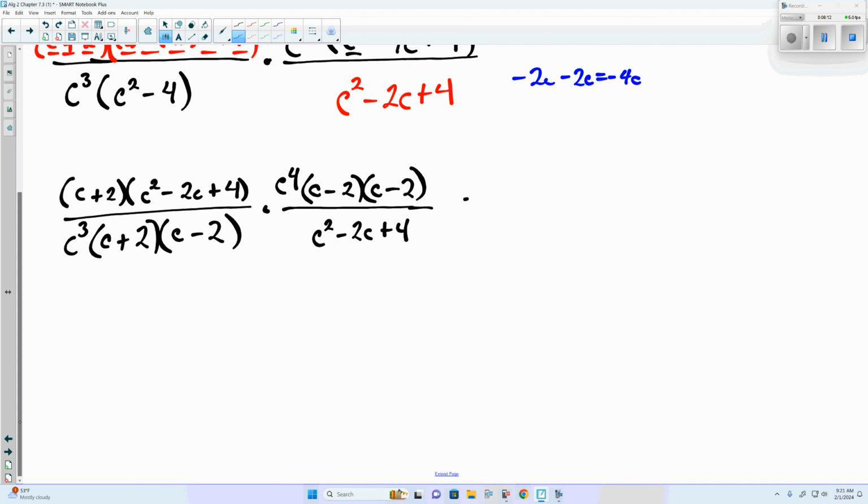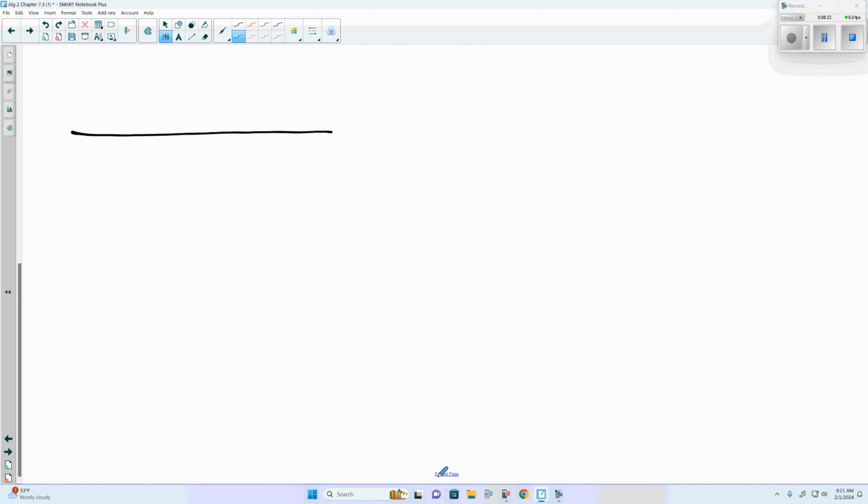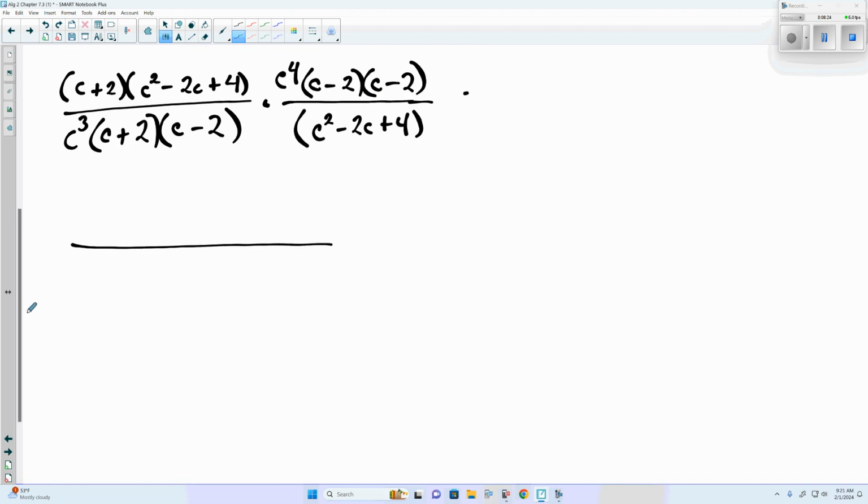Questions on this so far? Now this is going to end up getting a set of parentheses when we multiply together. Now when we multiply these together, it's always good to put these constant terms up front.